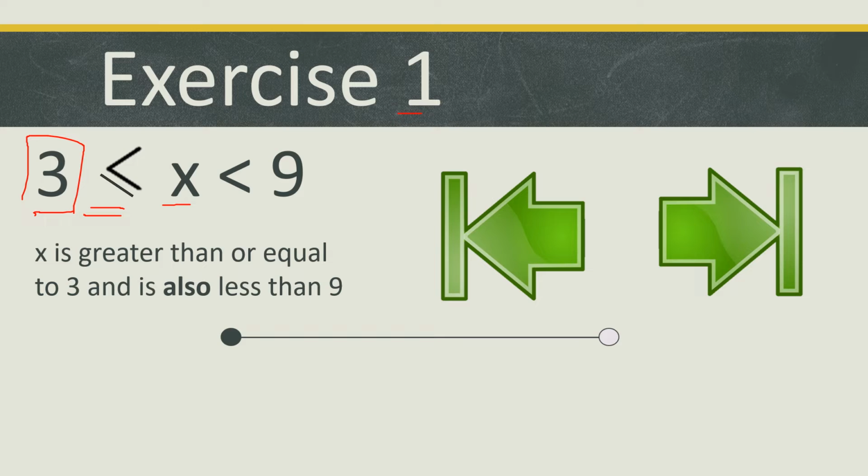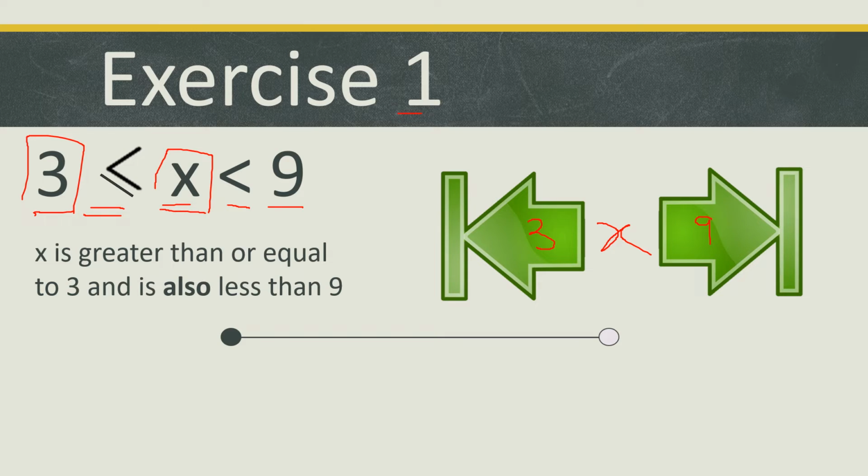And x is also less than 9. So number 9 is also in the number line. And now, as you can see here, the number x has a limit. So now it cannot escape because it is between the number 9 and also the number 3.